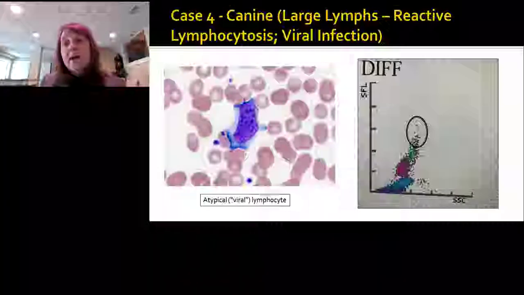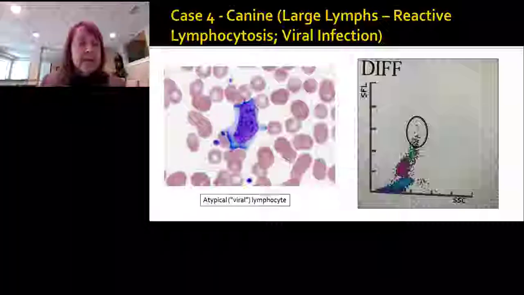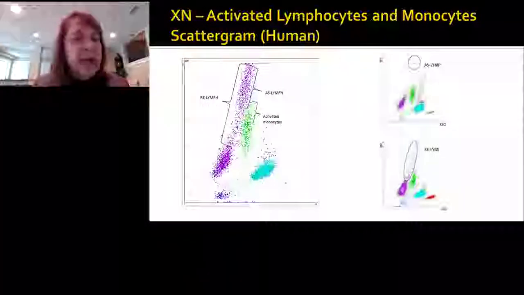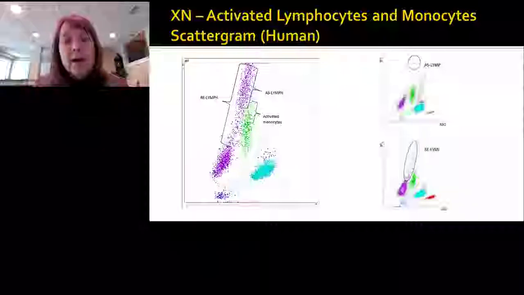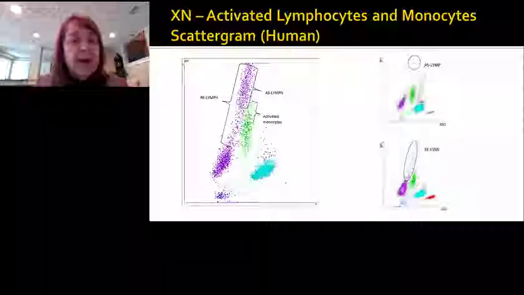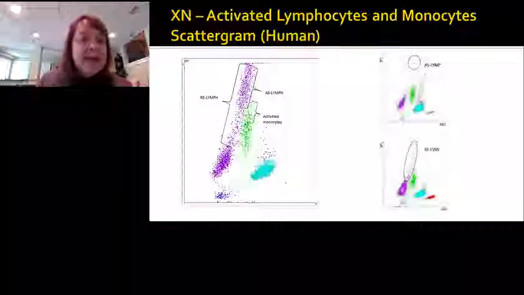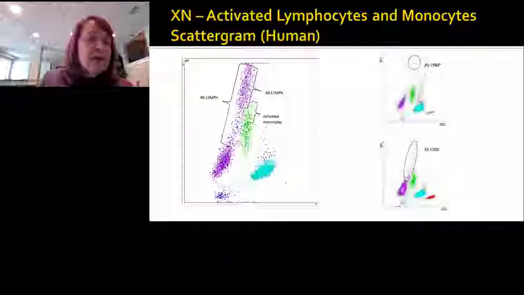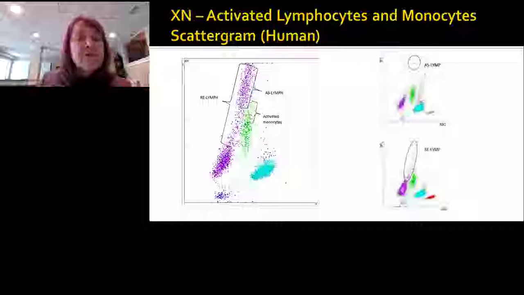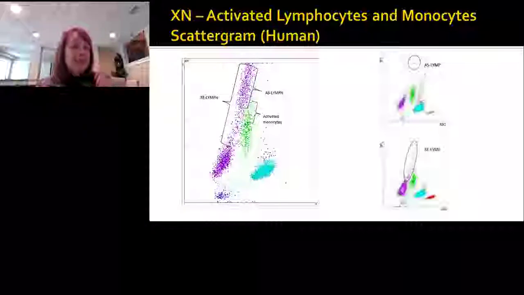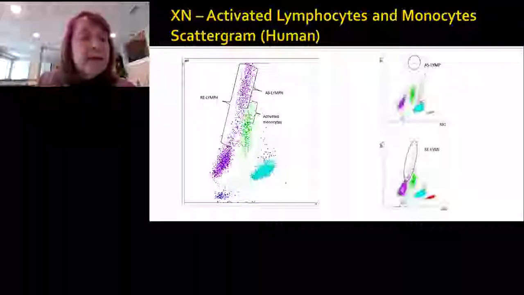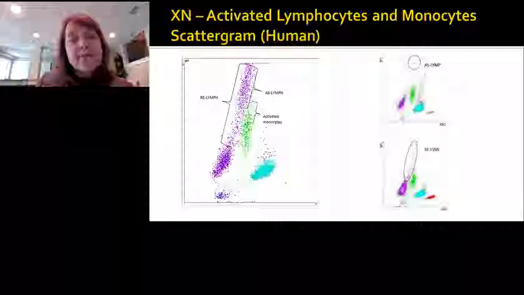All right, so another change in the XN as far as flagging, and I put this here because some of the flagging differences are kind of nice too. So it uses, again, gating of cells that are larger than our normal lymphocyte population, and uses an algorithm to detect whether there's a difference.